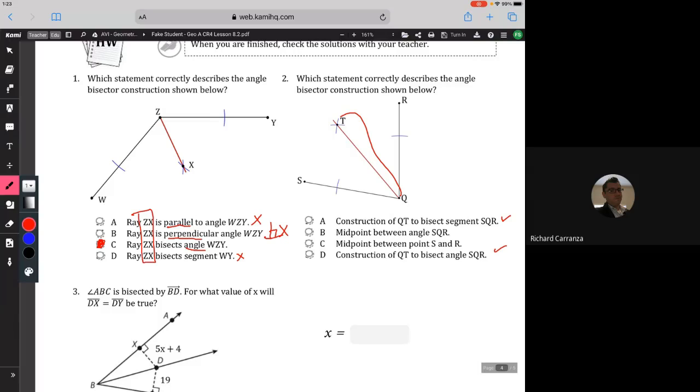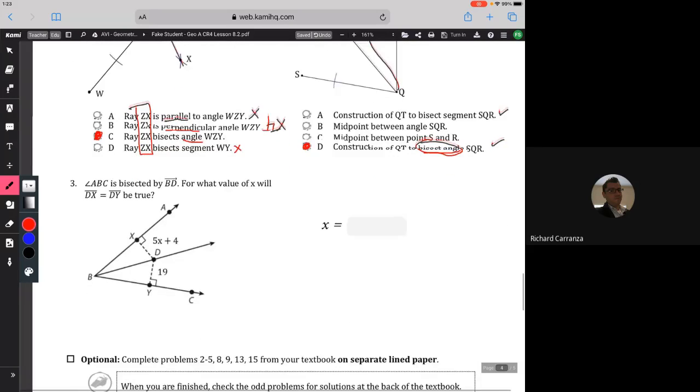Well, I hope you guys see that D says construction of QT to bisect angle SQR. So this whole section is about bisecting angles.